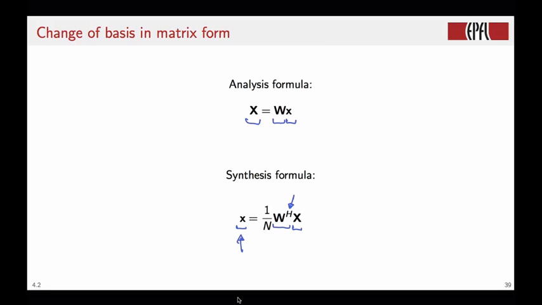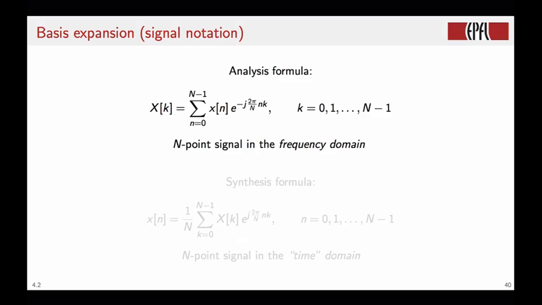A third way of looking at the discrete Fourier transform is to consider explicitly the operations involved in the transformation. In this case, we will consider signals explicitly, and this is a notation that is particularly useful if we want to consider the algorithmic nature of the transform.